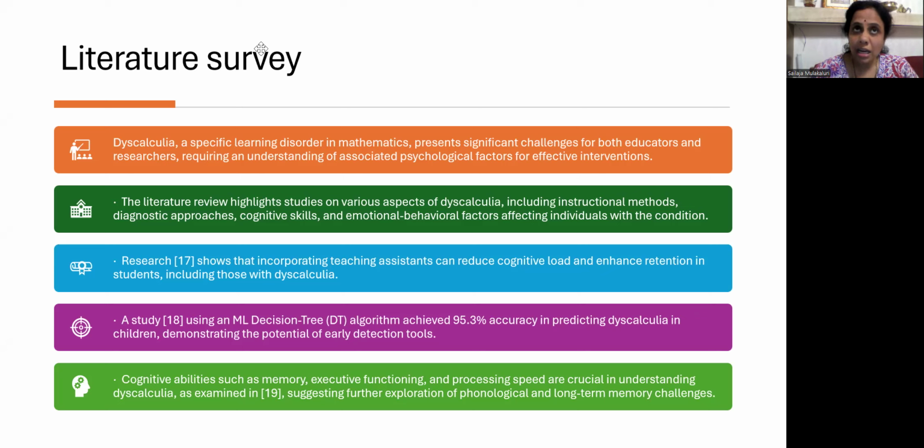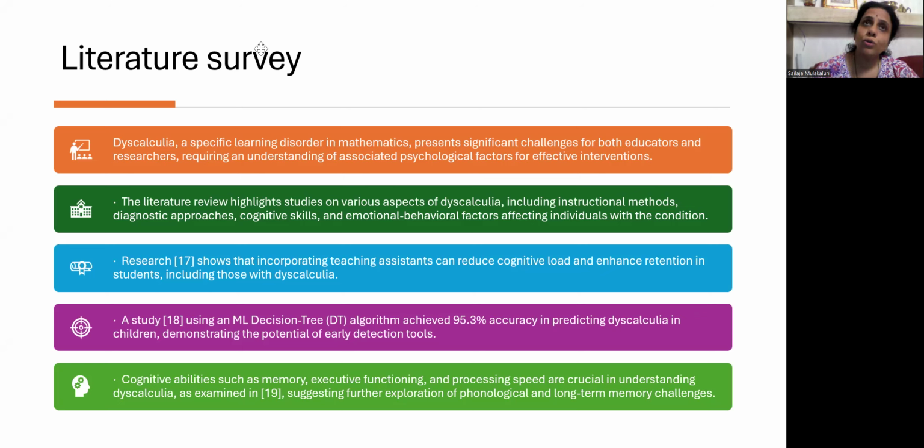A study was made using an ML decision tree algorithm, which had an accuracy of 95% in predicting dyscalculia. So we have used advanced machine learning to raise the accuracy of the model. Cognitive abilities such as memory, executive functioning, and processing speed are crucial in understanding.